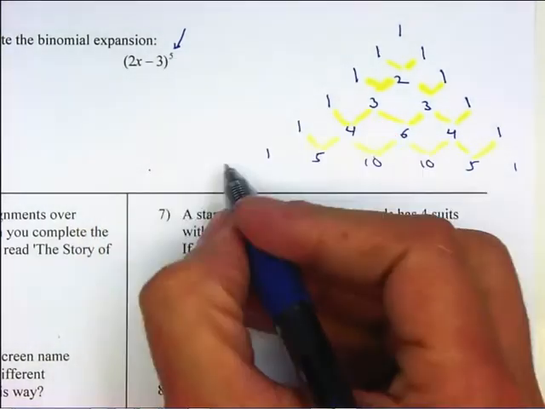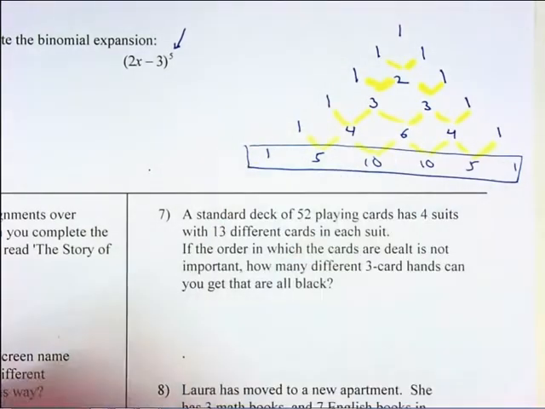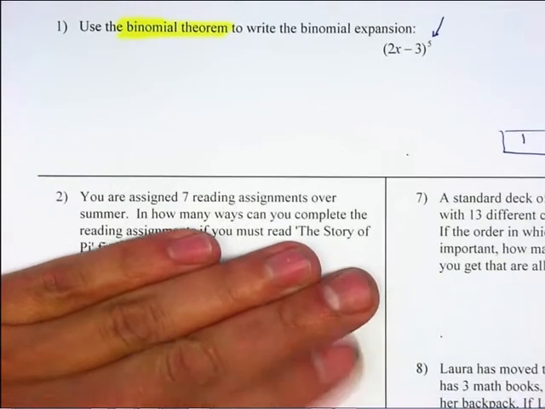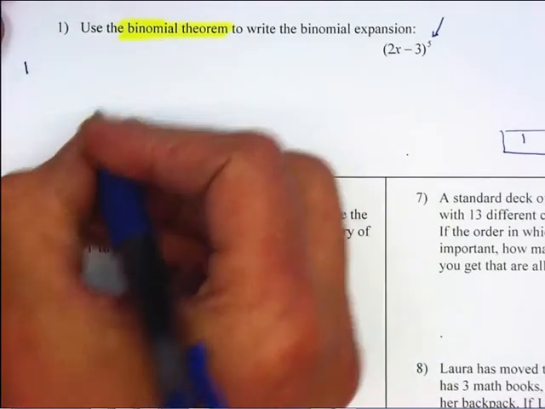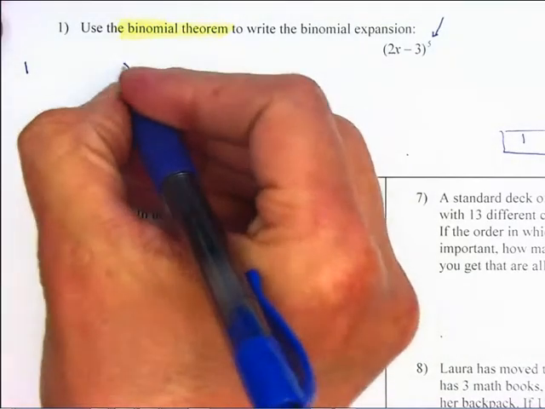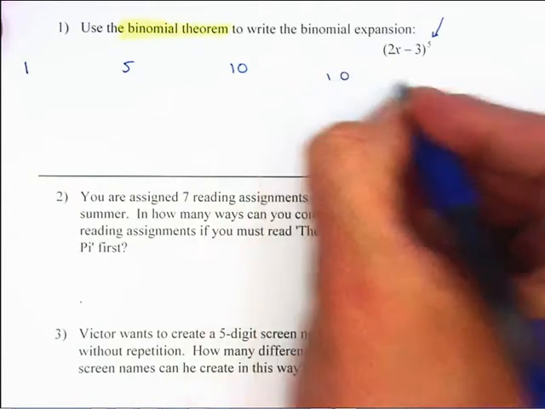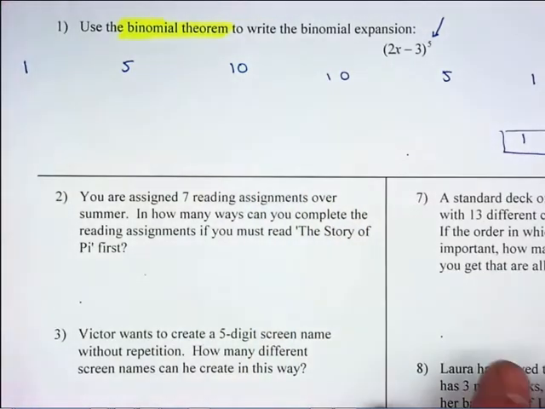This is to the 5th power. So we're going to be using this row: 1, 5, 10, 10, 5, 1. So let's go and write them down. There'll be a 1, then a 5, then a 10, then a 10, then a 5, and last will be a 1.